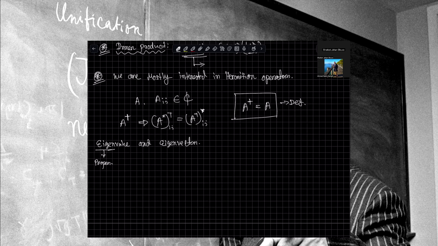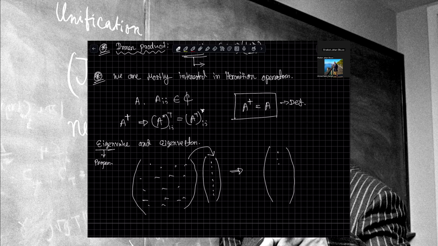So let's say you have a column vector, and the operator A, which can be thought of as a big matrix with elements, acts on the column and gives you another column with some different entries.